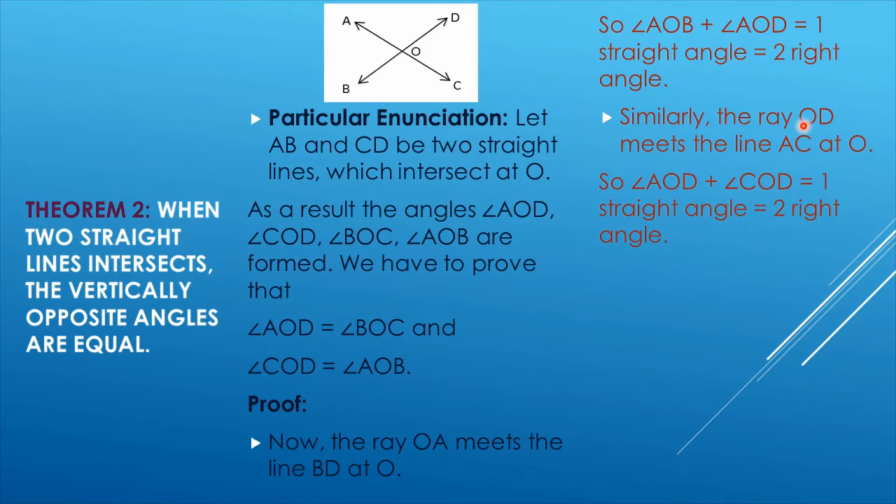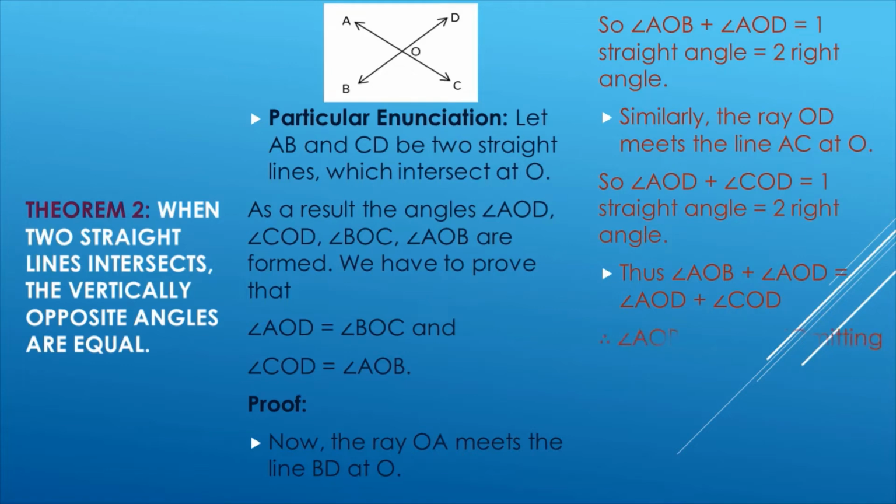So these two right angles are common, so we can easily write, thus, angle AOB plus angle AOD equals angle AOD plus angle COD, because both the values are the same, that is two right angles. So we can write that these two sums of angles are equal to each other.